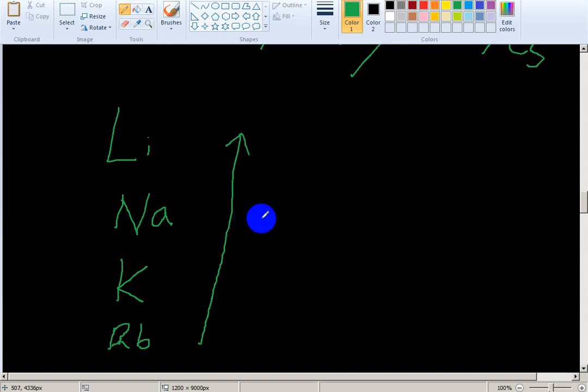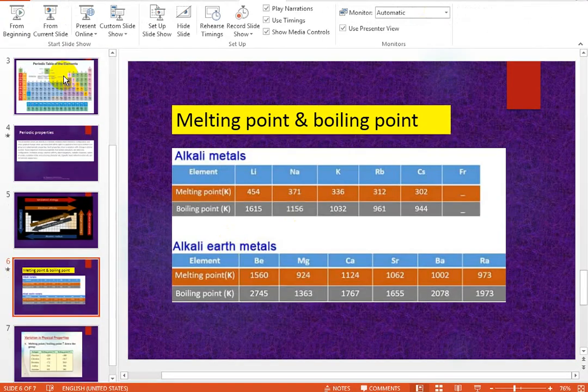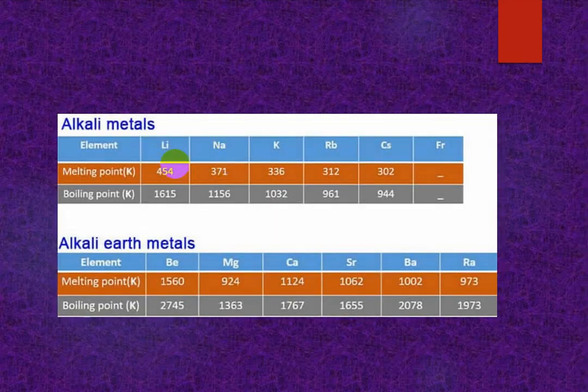Also, look at group 2 elements. From bottom to top, melting point increases: beryllium, magnesium, calcium, strontium, barium, radium.